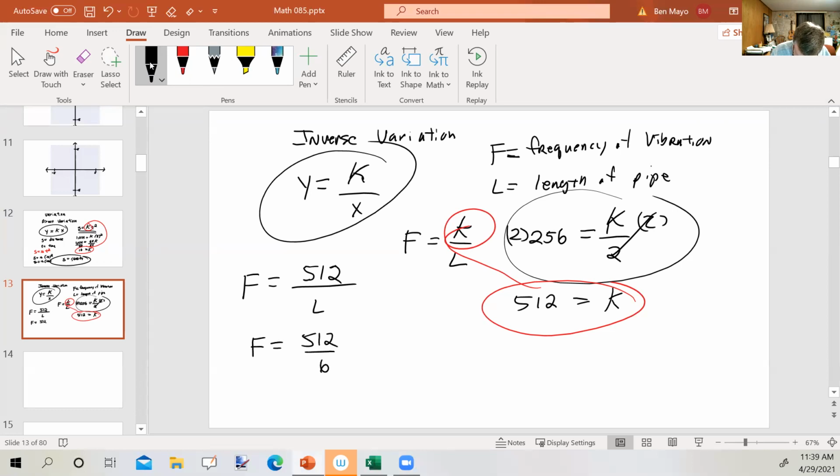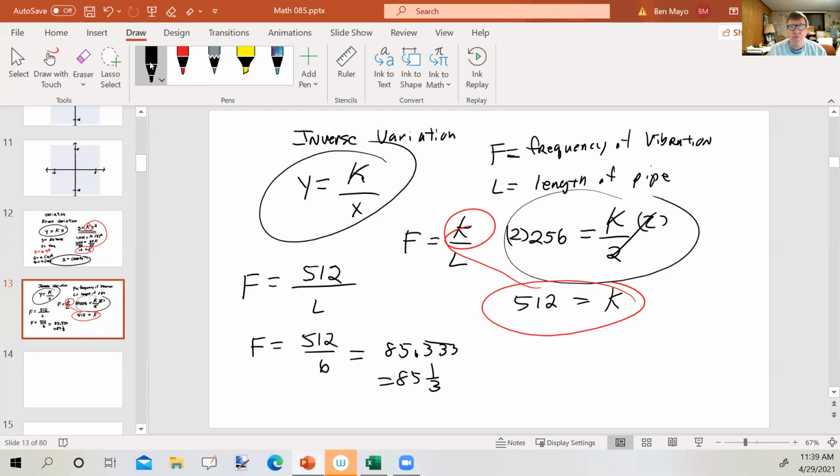When we take 512 divided by 6, let's see what we get here. I'm getting 85.3 repeating, which is equivalent to 85 1/3.